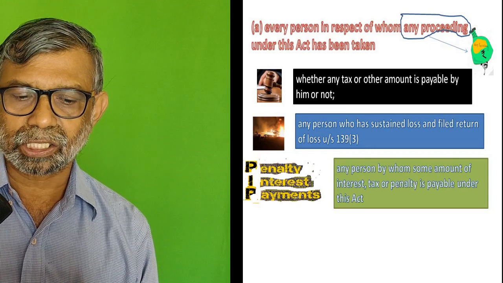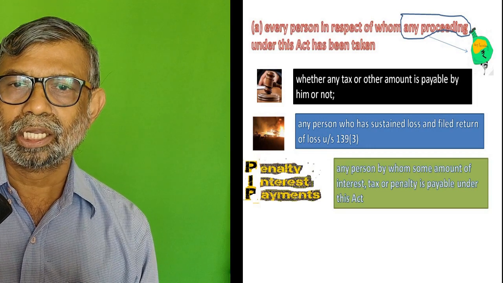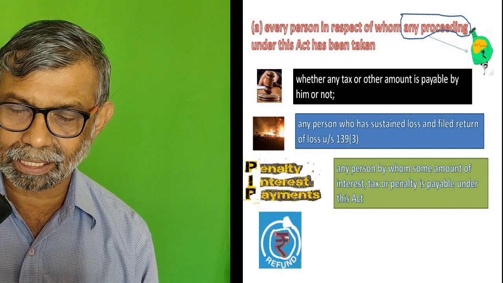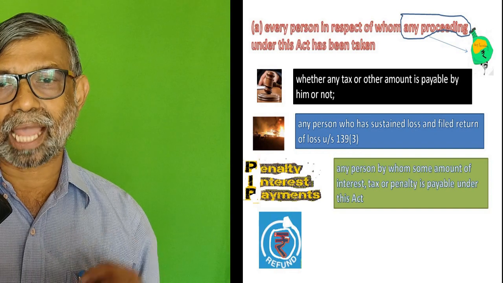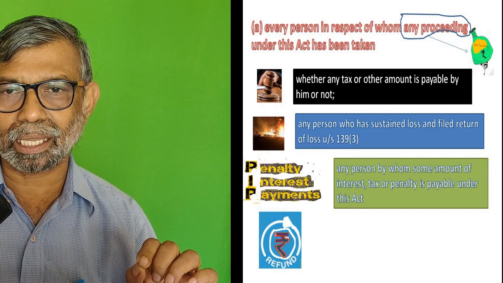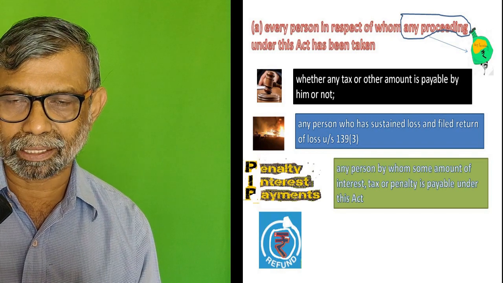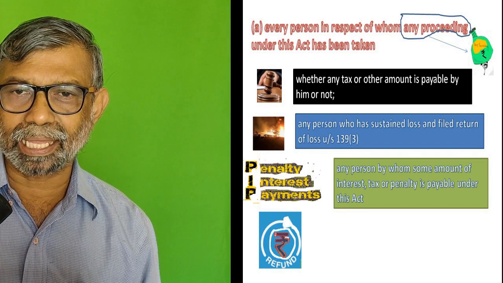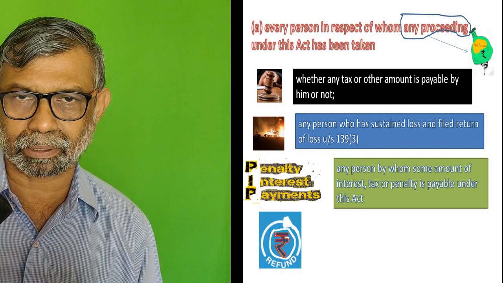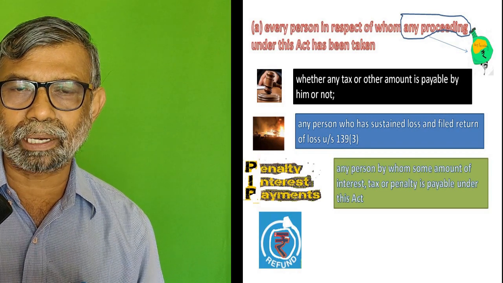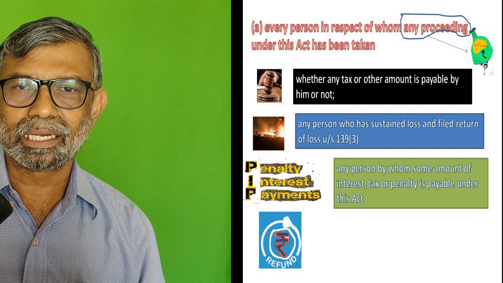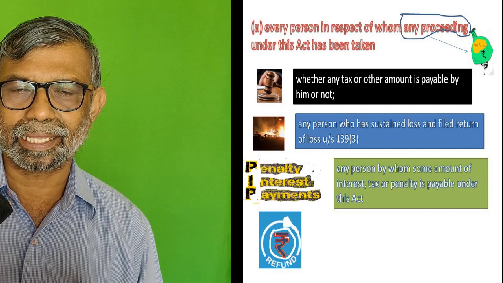Thirdly, suppose you paid 90,000 as income tax last year, but your actual liability comes only 80,000 that you found later. That means you paid already 90,000 to the income tax department, but now when you computed your tax liability you found that it is only coming as 80,000.